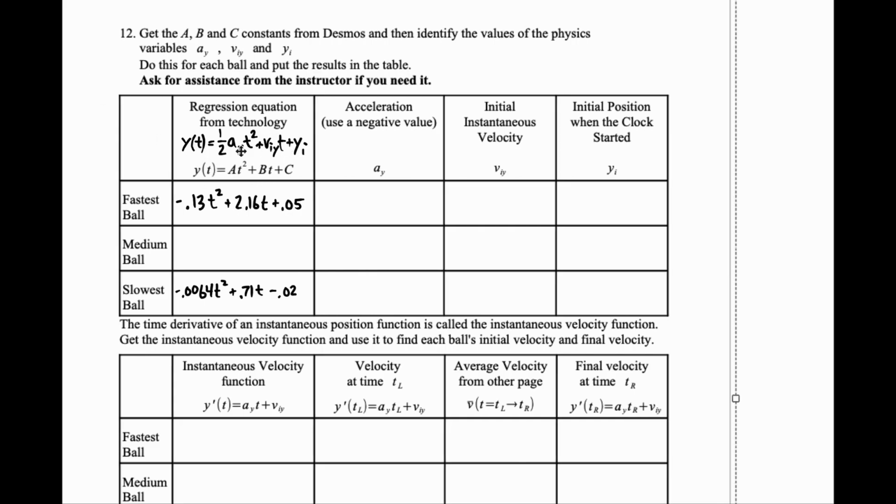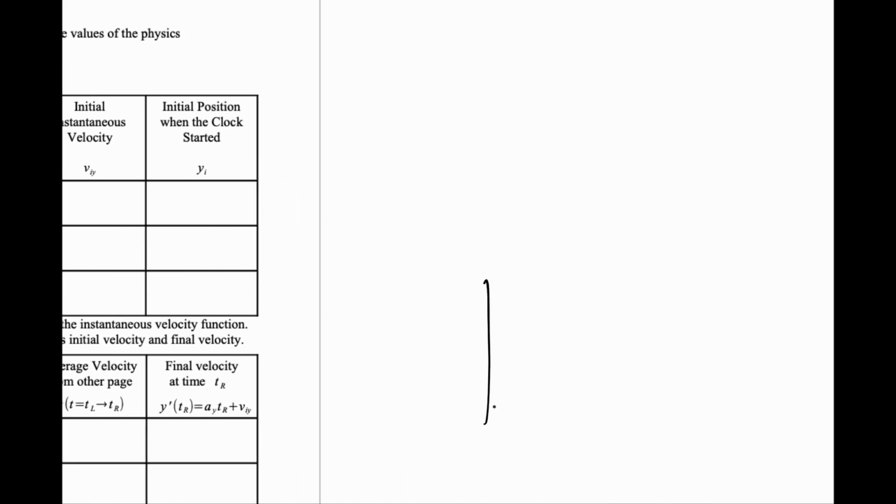That is just always the formula for constant acceleration. Now, why is that always the formula? It's good to know. It's because you start with the idea that you have a constant acceleration of some kind. Alright, so that constant acceleration is going to be called a_y. For these examples, it's negative, but sometimes it's positive, depending on the situation.